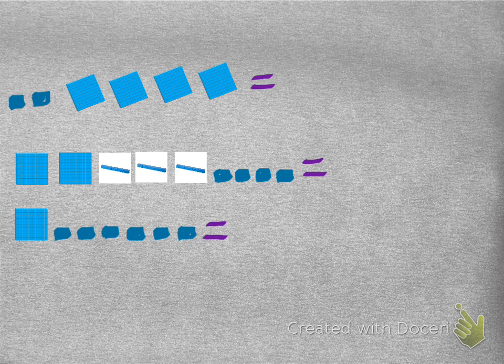Okay, let's take a look at some other examples. We have 2 single cubes and we have 4 flats. Now in this example, what would my fraction be? Each of those flats would be worth what? 10, because if we're thinking of the big giant cube as the whole, the 100, then this fraction is going to be 42 hundredths.